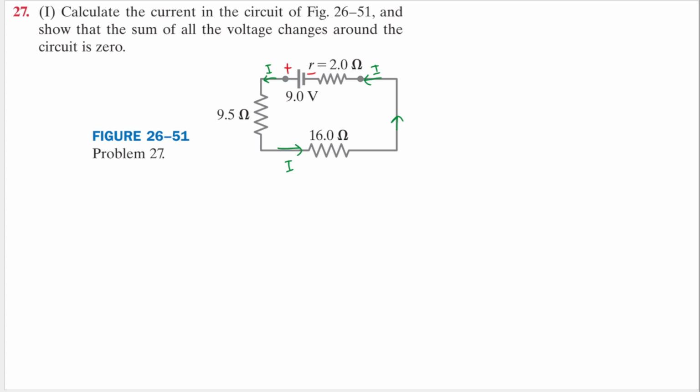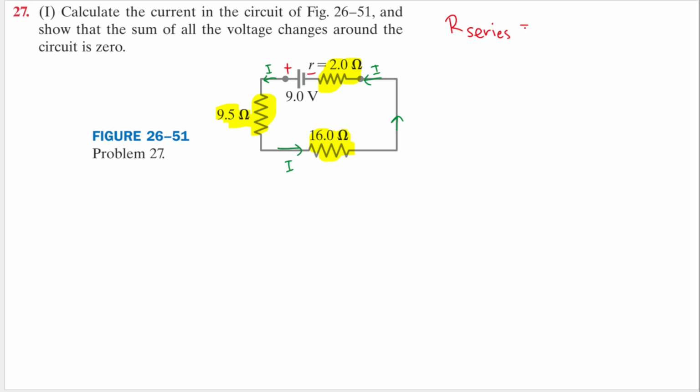However, here we can remember that this resistor 9.5 ohm, and then this 16 ohm, and then the internal resistance of the battery, which is 2 ohm, are all connected in series. So all the resistors are connected in series, so we can replace them with a single resistor, let's call it the resistor of the series, which is just their values added up together.